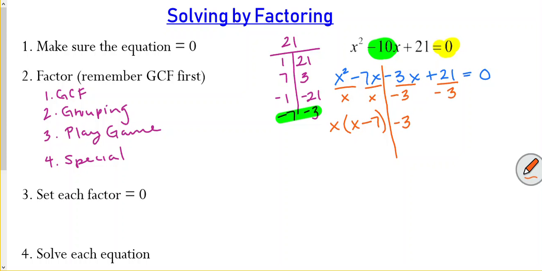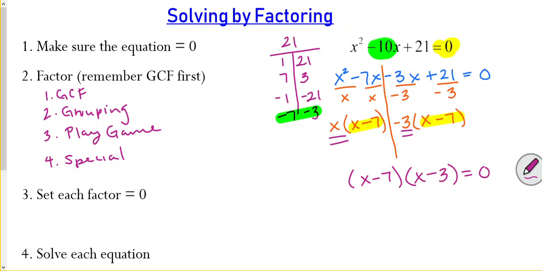So -3 goes to the outside, and we're left with x minus 7. So I know I'm on the right track because I have x minus 7 and x minus 7. So I know one of my factors is x minus 7. Remember, the other factor is my GCFs. So that is x minus 3, and all that still equals 0.